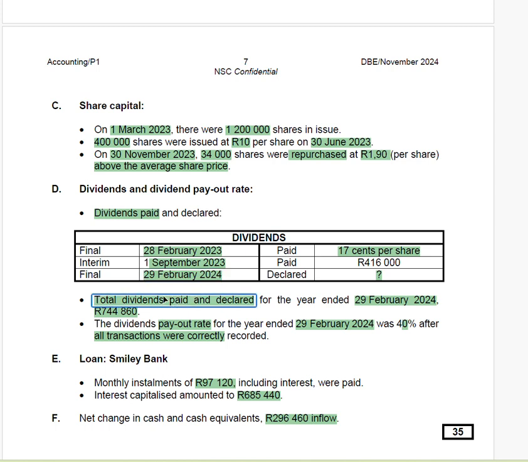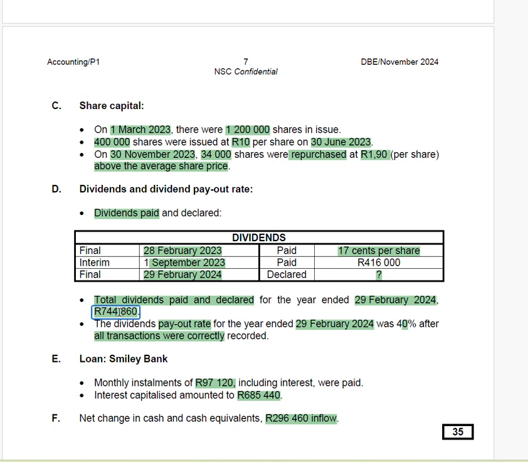Then if you move down, you're told about total dividends paid and declared for the year ended 29 February 2024, and the total amount provided is 744,860. What is important about this is that it's paid and declared dividends, meaning this total has a cash portion and a non-cash portion. The non-cash portion we need to subtract, because we are only concerned about the cash portion.